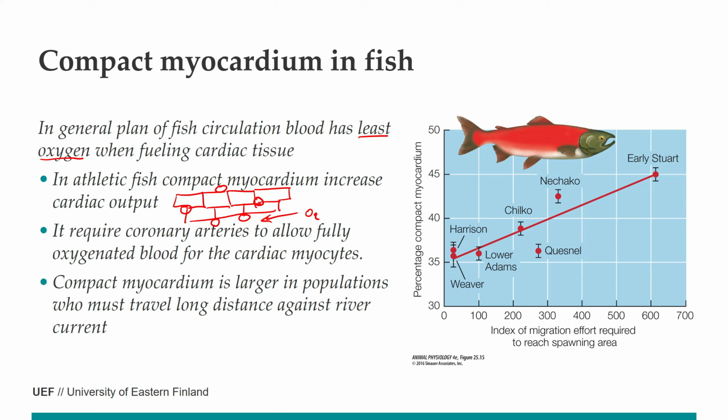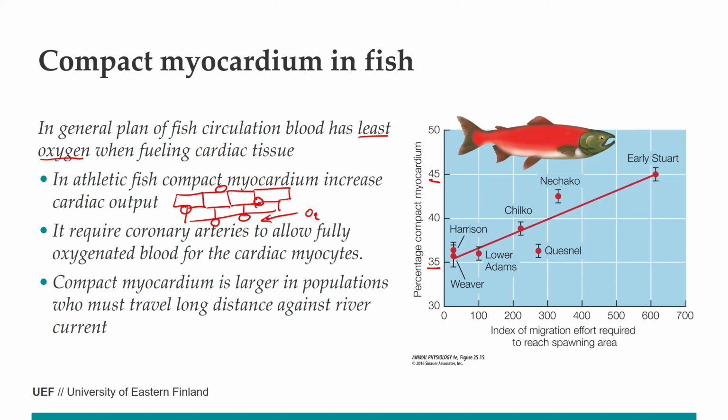So in different populations, for example in this athletic trout, they might have in some cases 35% of the heart is compact myocardium. In some other populations it's 45%.